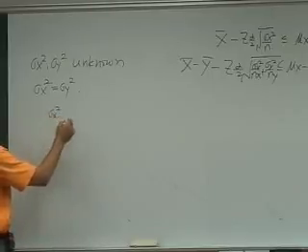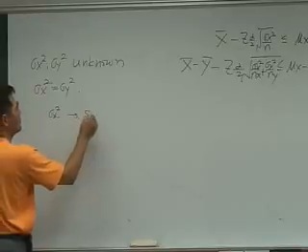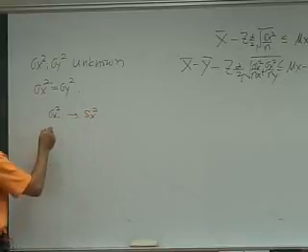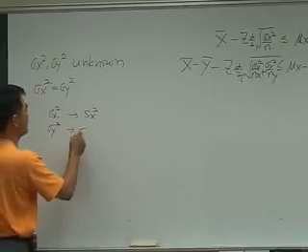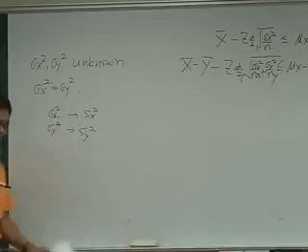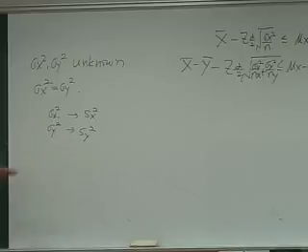If you don't know sigma x squared, then you use sx squared. The same thing, if you don't know sigma y squared, then you use sy squared as a substitute.